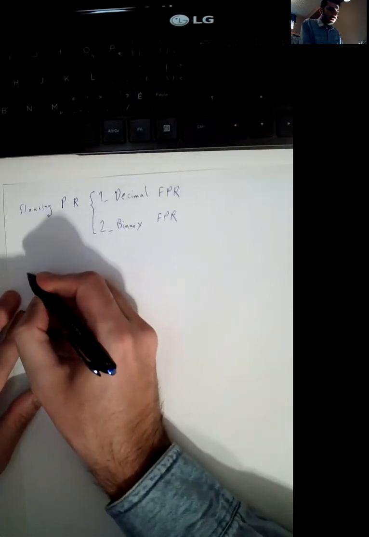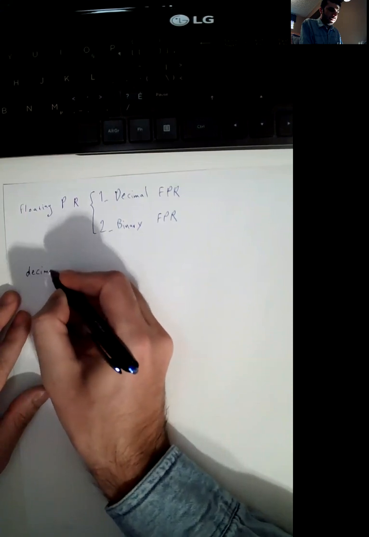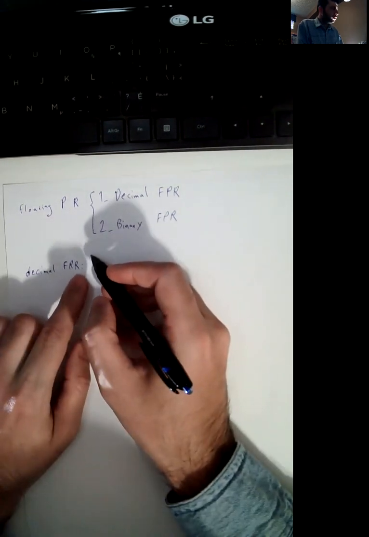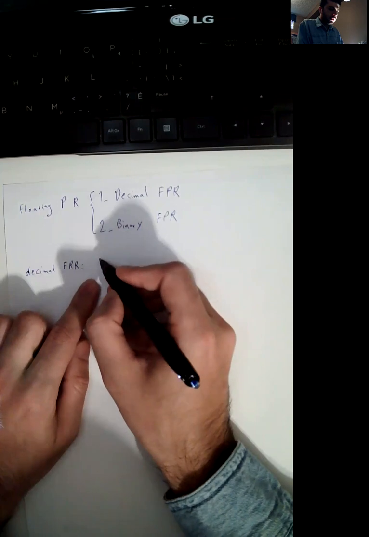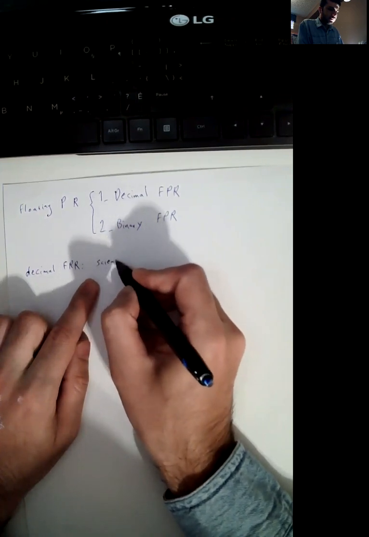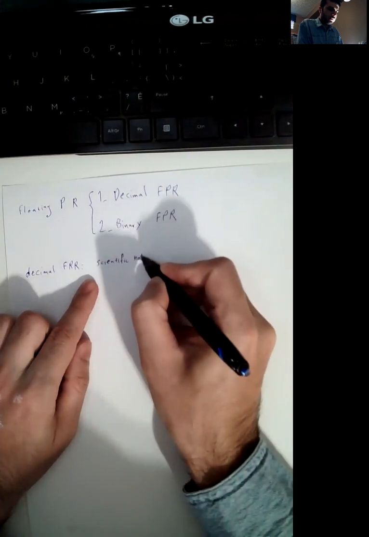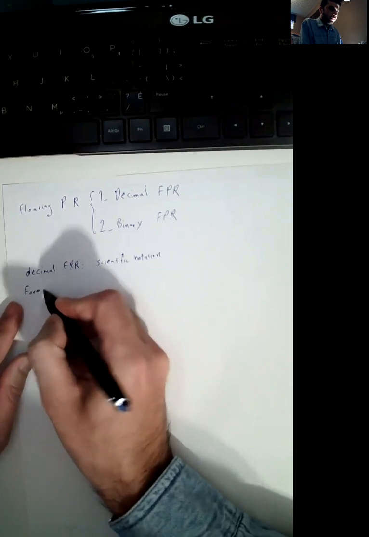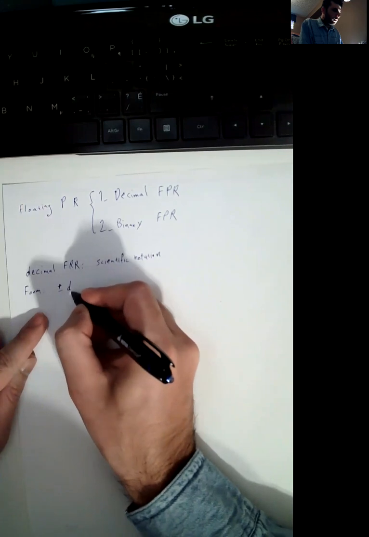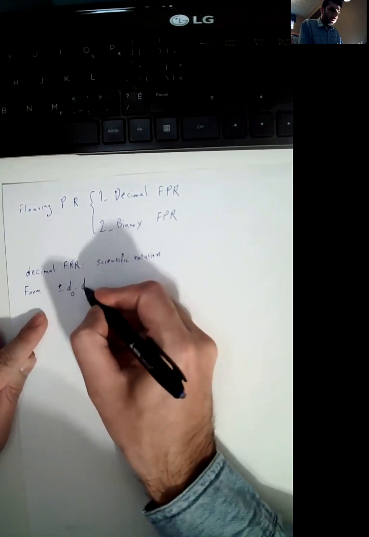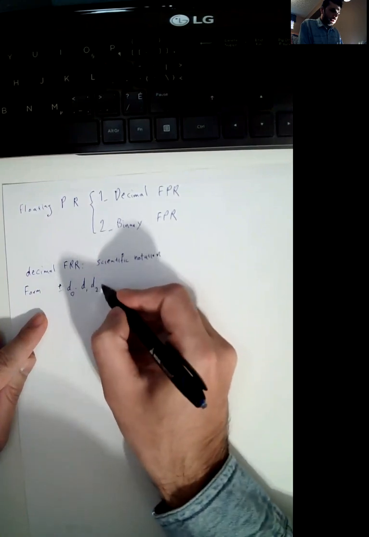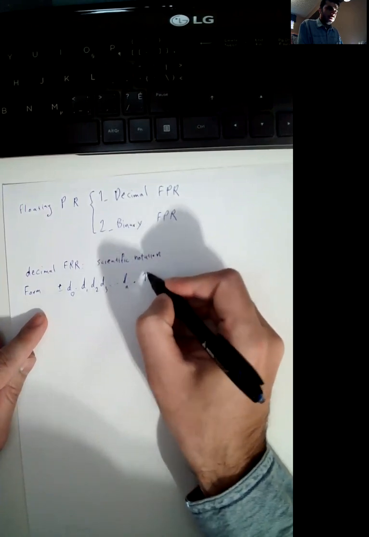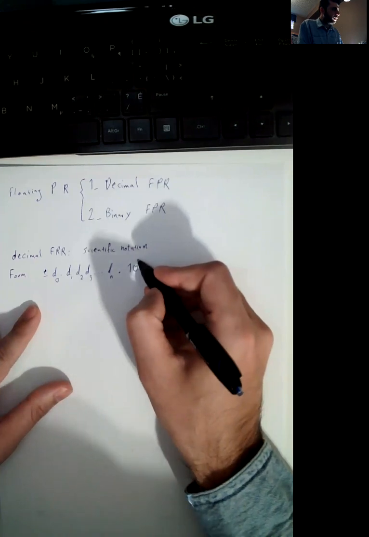So for the decimal floating point representation, they are usually called scientific notation, with the form t0.t1 t2 t3 ... tn times 10 to the power of p.